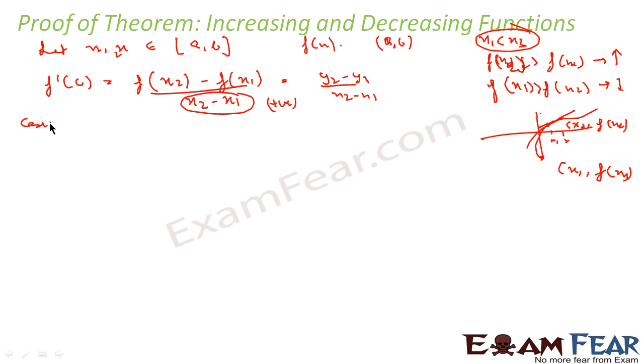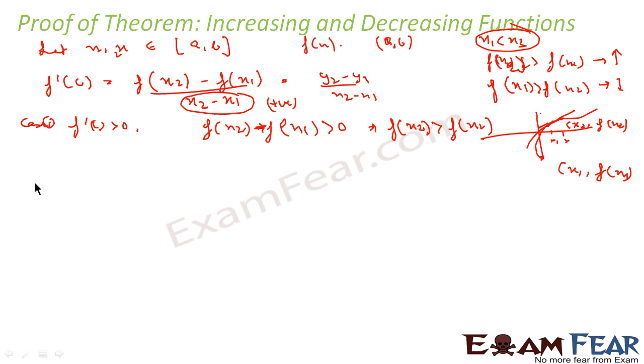So case 1, f dash c is greater than 0. In that case, f of x2 is greater than f of x1. Why? Because f of x2 minus f of x1 has to be greater than 0, or this implies f of x2 is greater than f of x1.